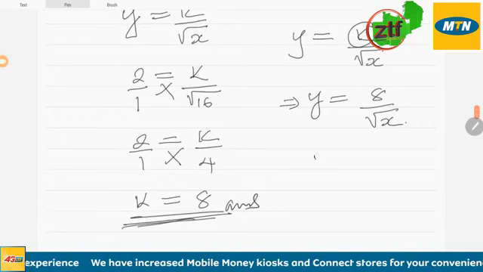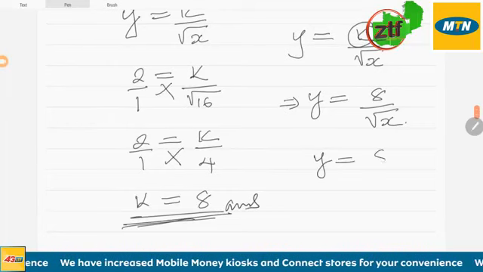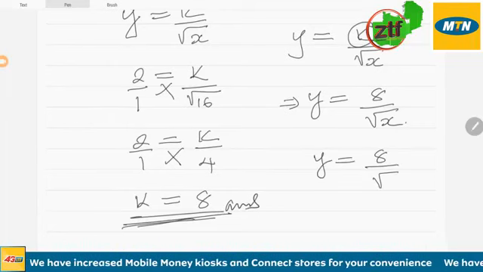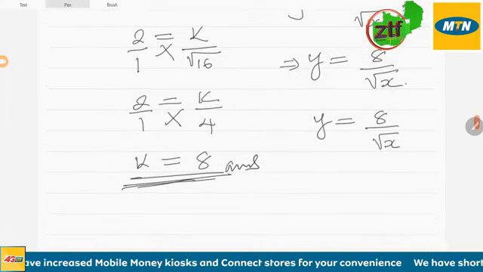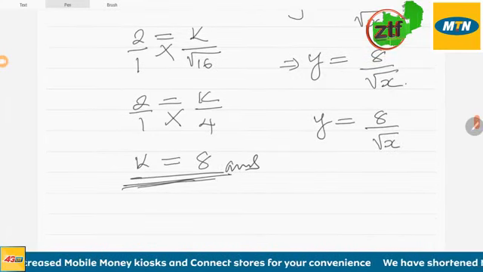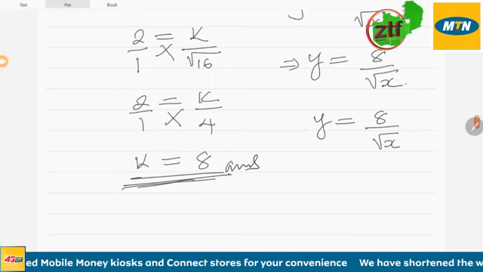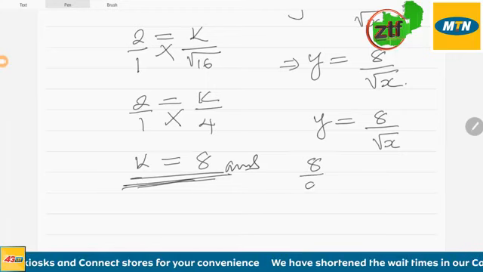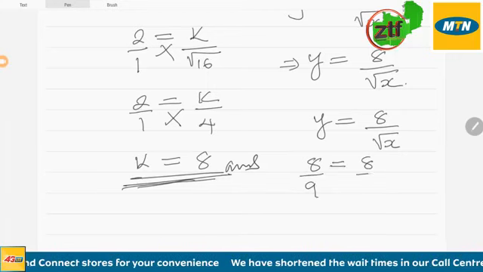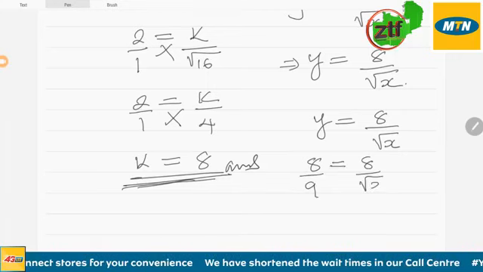Here now we say y equals 8 over root x. But we've been given that the y value is 8 over 9. So we are going to say 8 over 9 equals 8 over square root of x.